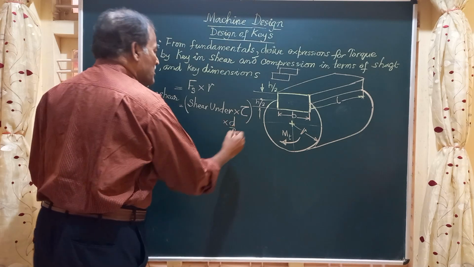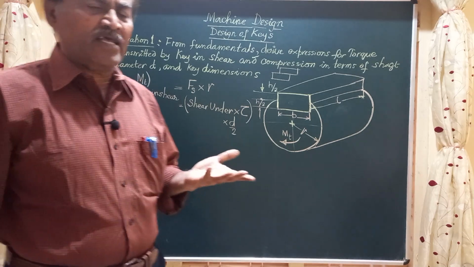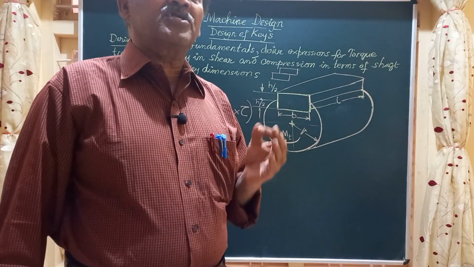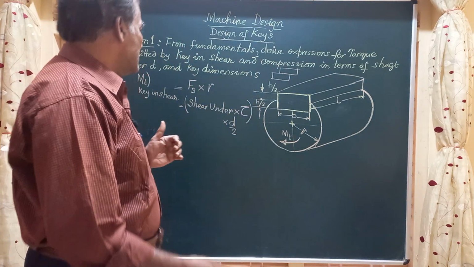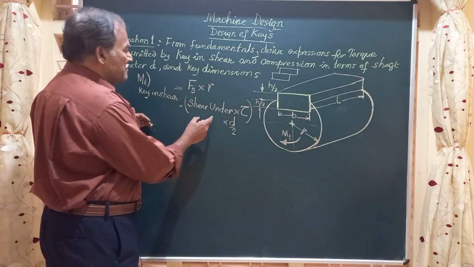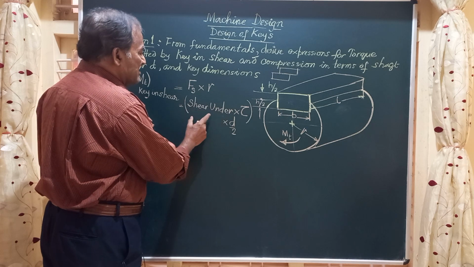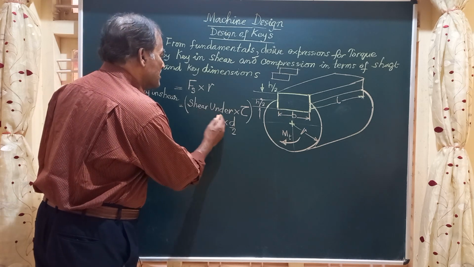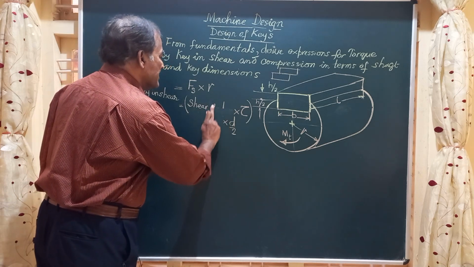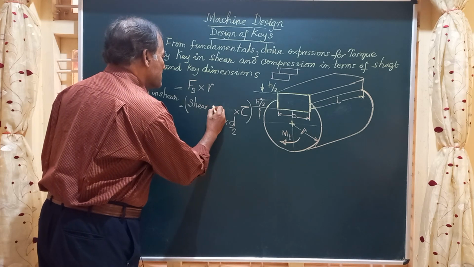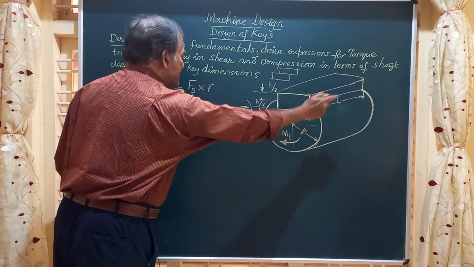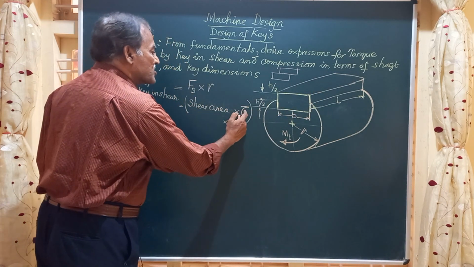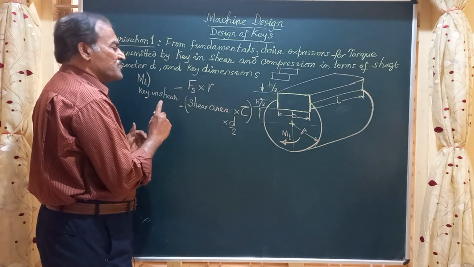Friends, in machine design or thermal engineering subjects, all engineers should be very good at dimensional analysis. For example, the area under shear is B into L, and tau is the shear stress of the key.